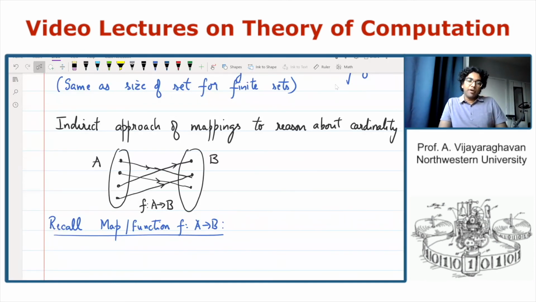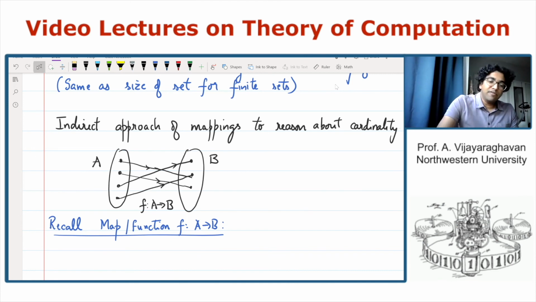Let's recall what a map or a function is. In this figure, we have two sets, A and B, and a map F from A to B. It's just a way of associating elements of A to elements of B.